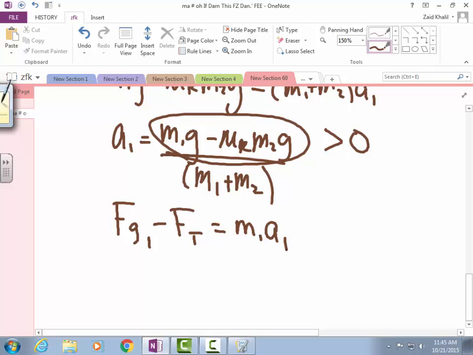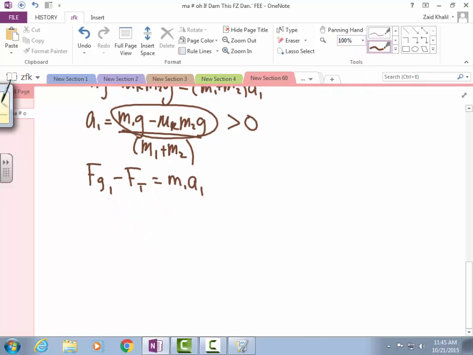Is that correct? Solve for FT. What do you do to solve for FT? Rearrange this. You get FT equals M1G minus M1A1. What did I do? Added FT to both sides, subtracted M1A1 from both sides.